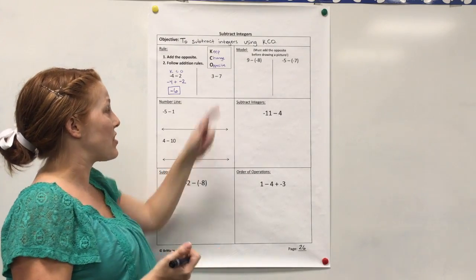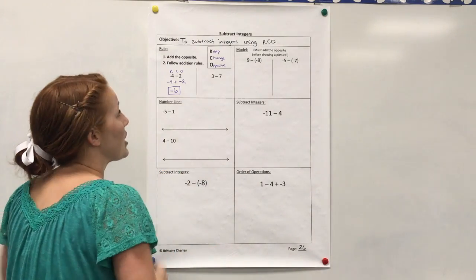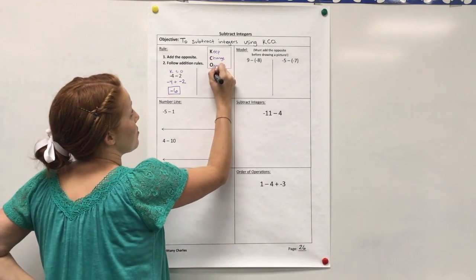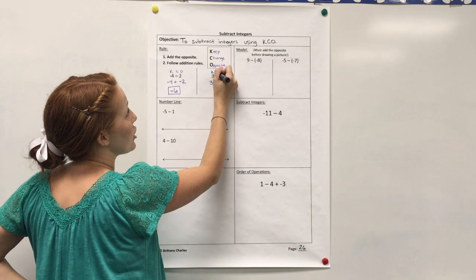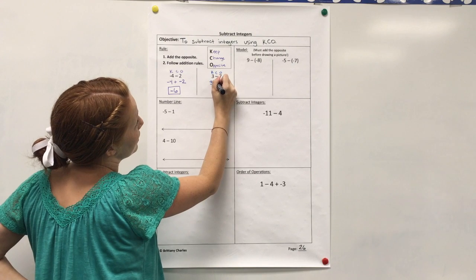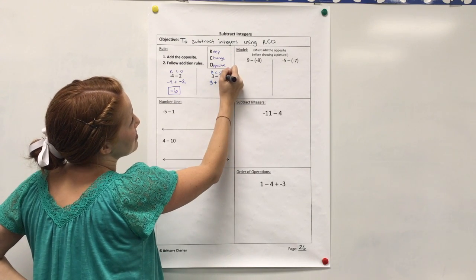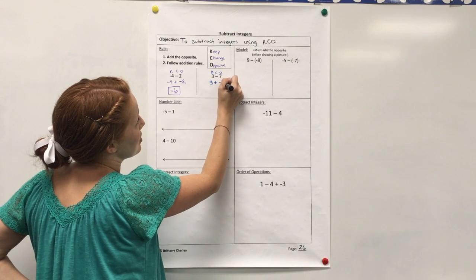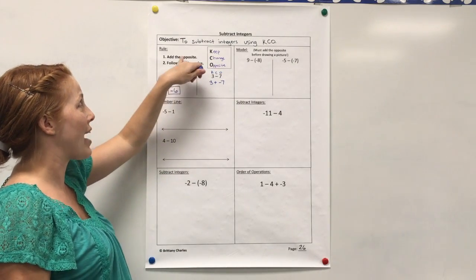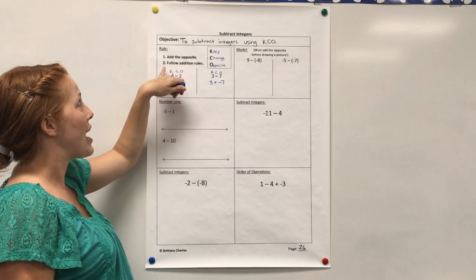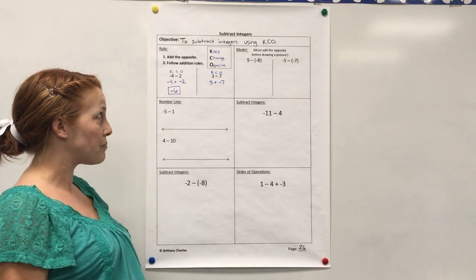And looking at this case, if I do KCO, I keep the 3, I change the minus to a plus, and I make 7 into -7, okay? So I've done KCO, I added the opposite, and now I'm going to follow the addition rules.